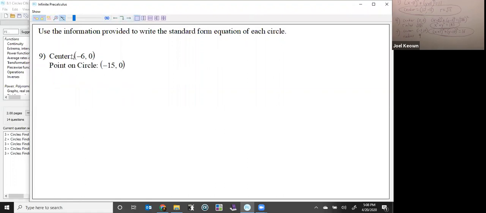Okay. This one's slightly different. Instead of giving me the center and the radius, it gives me the center and a point on the circle. I'm going to write this down.